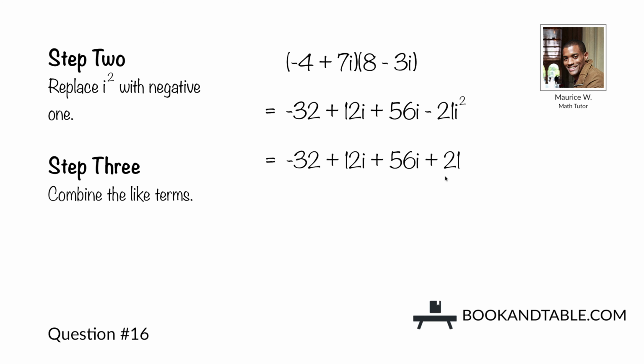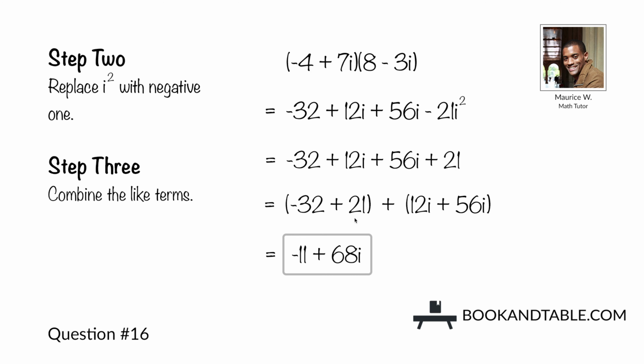So for the third step, we want to combine the like terms. Our real numbers are negative 32 and positive 21. And our imaginary numbers, 12i and 56i, giving us negative 32 plus 21 is equal to negative 11, plus 12i plus 56i, which would be 68i.